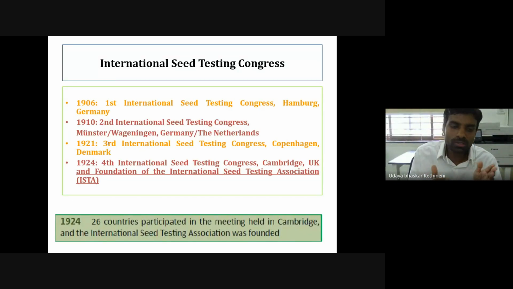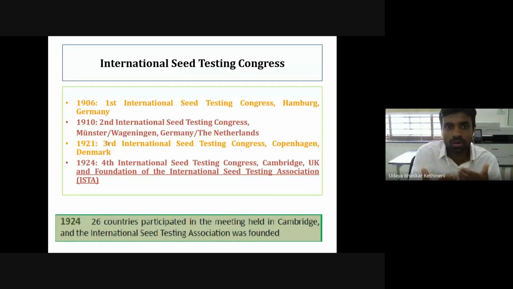From that point onwards, when we come to the first part of the 20th century, the dominant stakeholders used to organize international seed testing congresses. That is the first point of how ISTA got its origin.